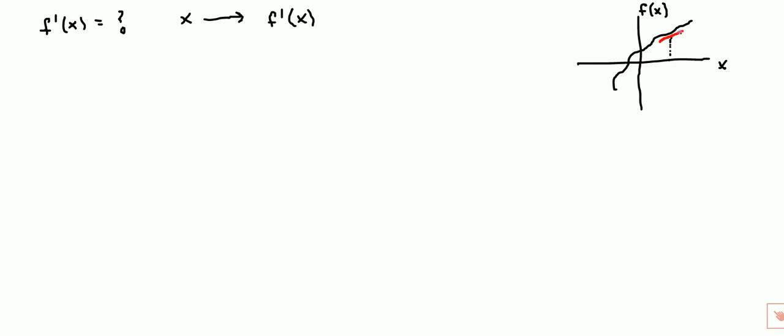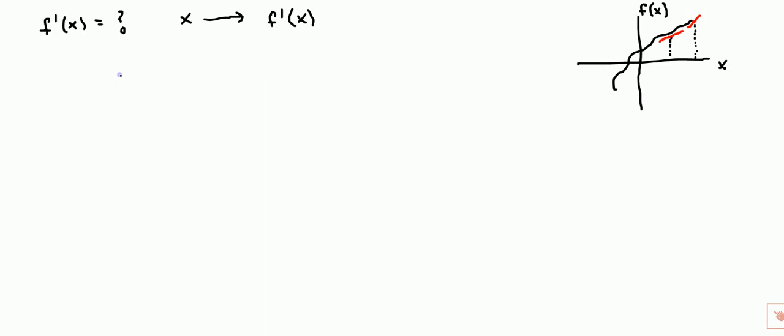It's the slope of the function at that x value. For any x, if x was over here, slope would look like that. If x was here, so it varies where x is, right? For any x, we're thinking about the slope.